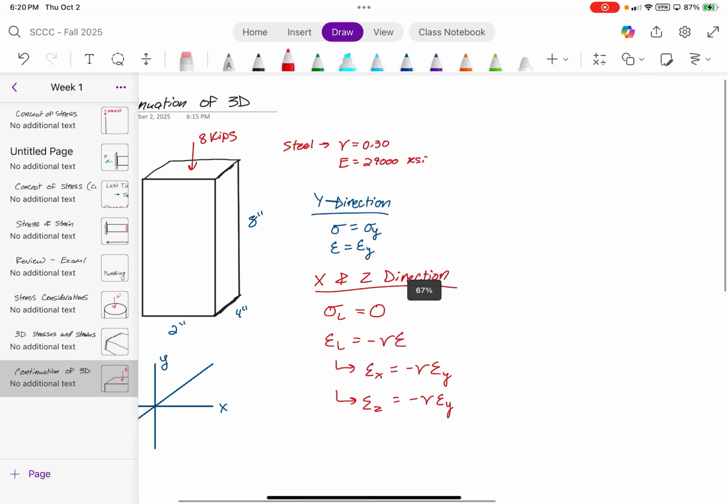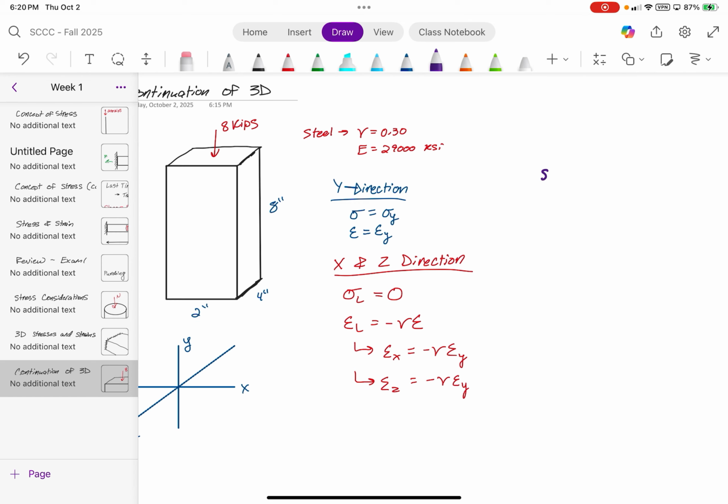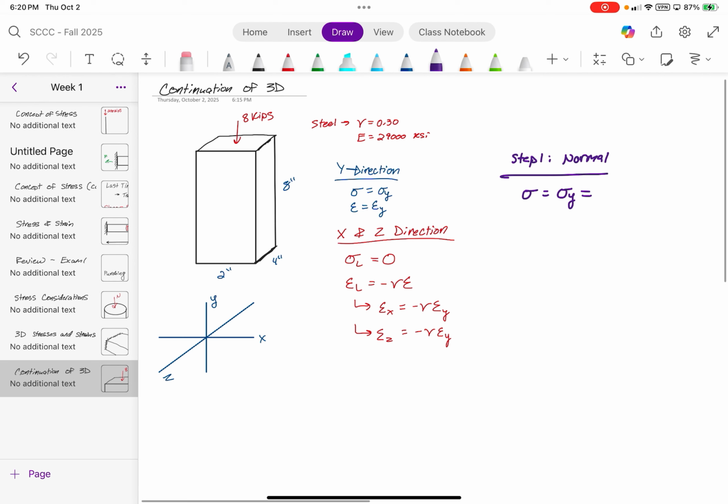So, let's calculate that really quickly. Step 1 is always just going to be your normal components, so whatever's in the normal. So we could calculate a stress, which we know is going to be a stress in the y direction. What would that stress be equal to?